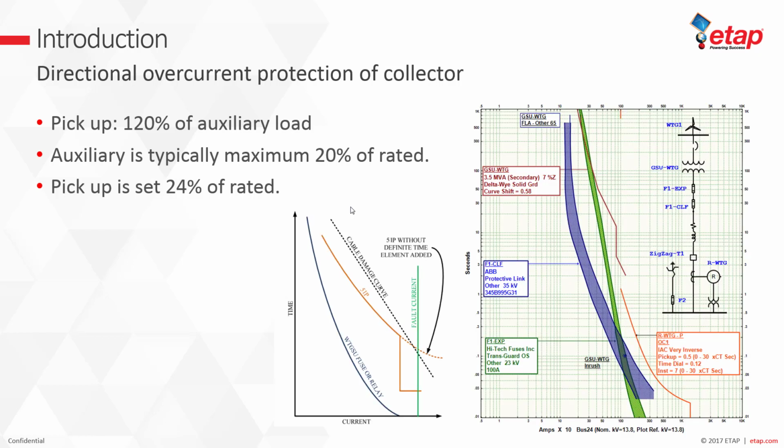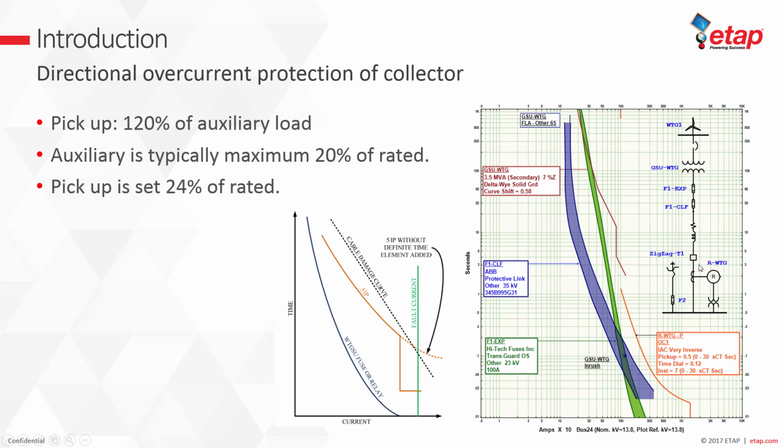Here is another figure showing the different types of protection for the cables and the wind turbines. As you see in the right figure, typically there are two types of fuses, the expulsion type and the regular current limiting fuse, to protect the transformer and WTGs for a fault downstream of the fuse.